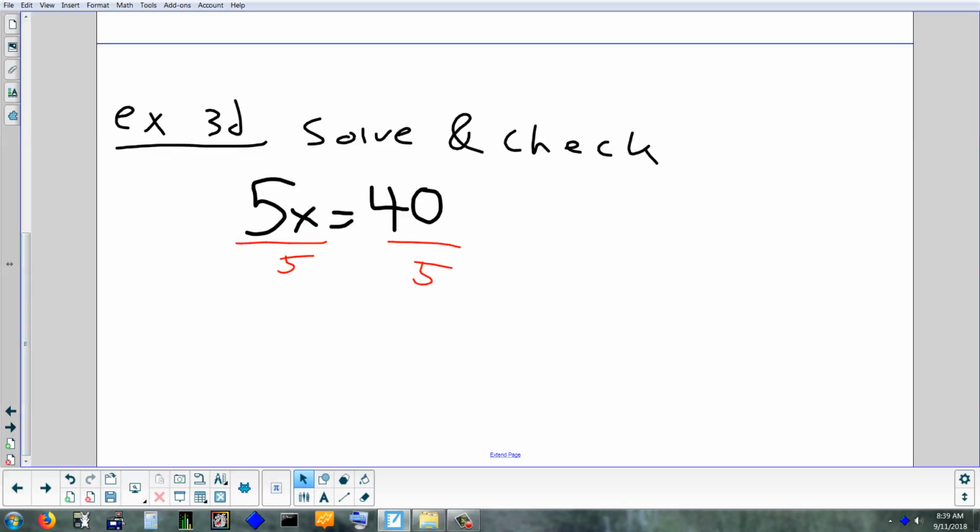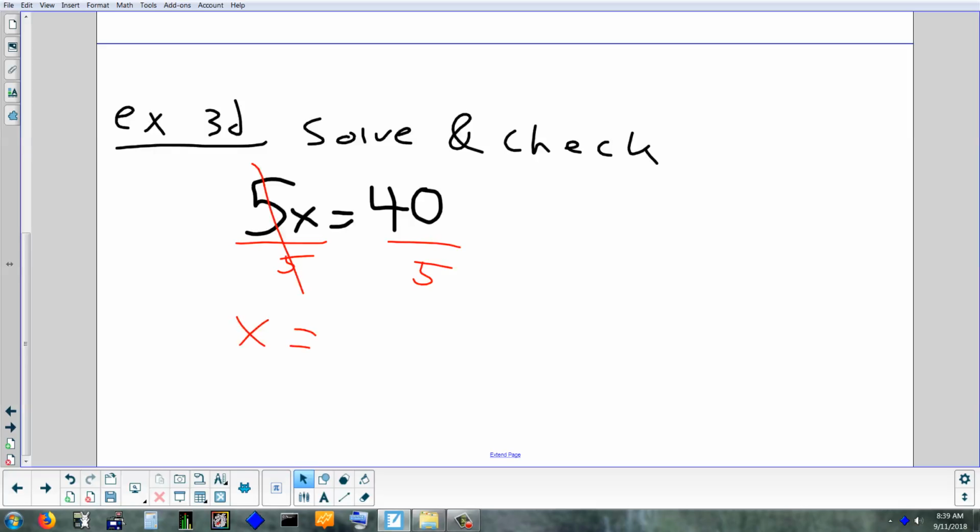On the left-hand side, 5 divided by 5 gives me... careful, 5 divided by 5 is not 0. If you had $5 and you gave it out to 5 people, does everyone get 0? No, everyone would get how much? Exactly, 1. So 5 divided by 5 gives me 1.